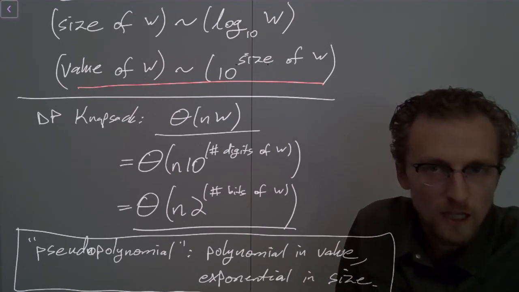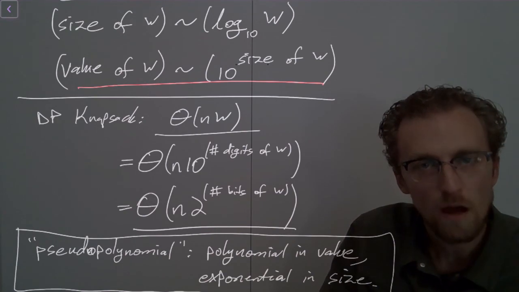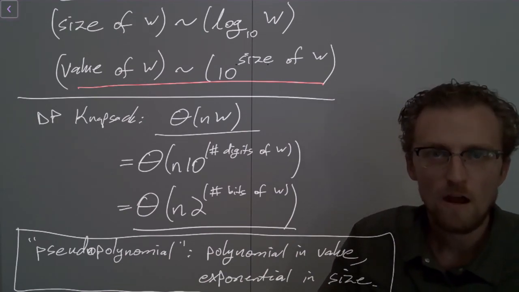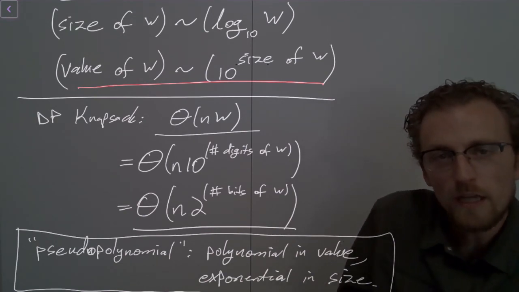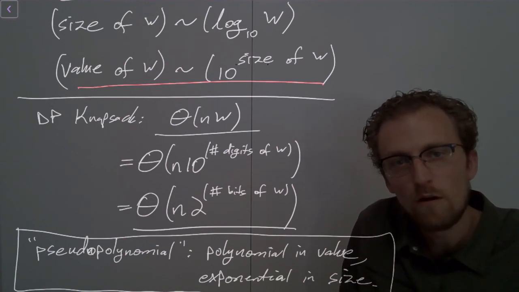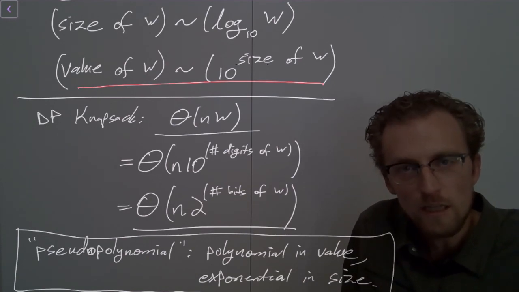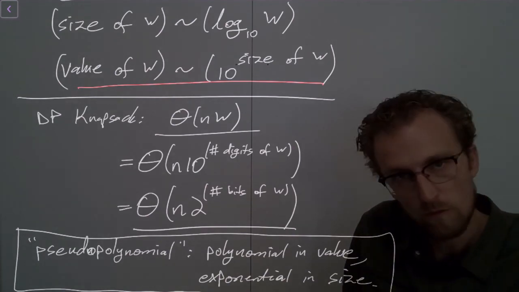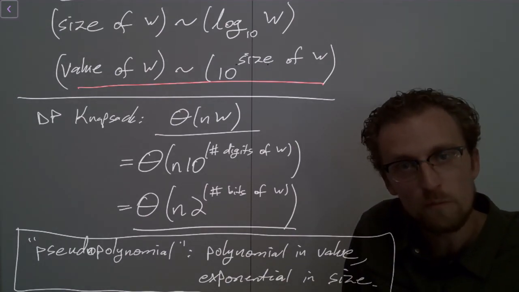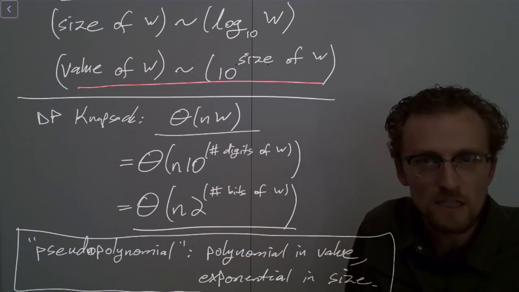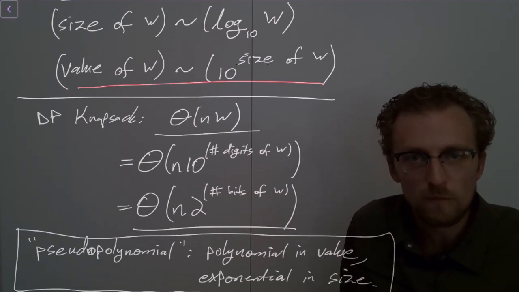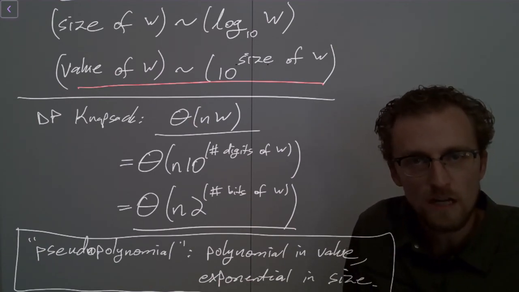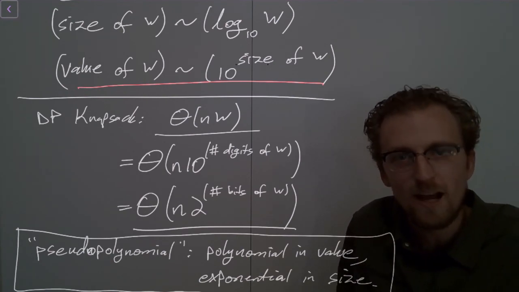So if you can guarantee that the values of your capacity aren't too large, then we actually have fast algorithms to solve the knapsack problems. The issue is that, and we'll get to this, as long as P doesn't equal NP, they'll never be linear in the size of the input, or even any kind of polynomial in the size of the input. Always exponential in the size of the input.